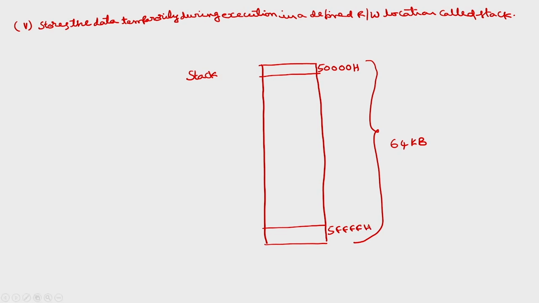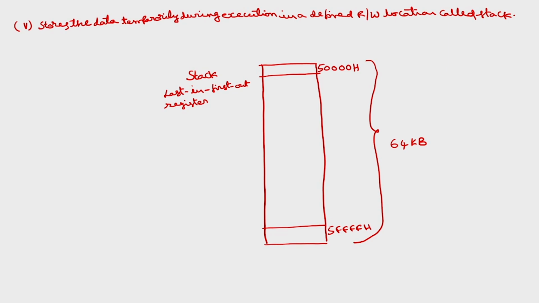Stack is a last in first out register. Here, the data which is inputted last will be outputted first.